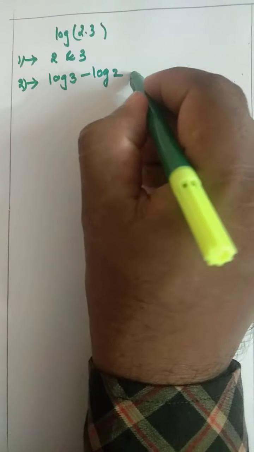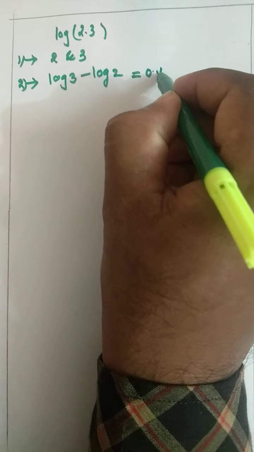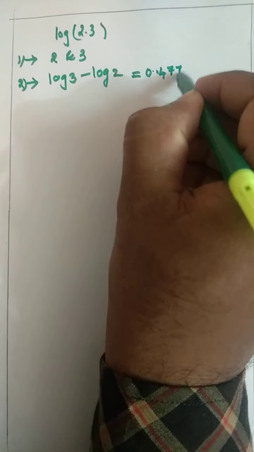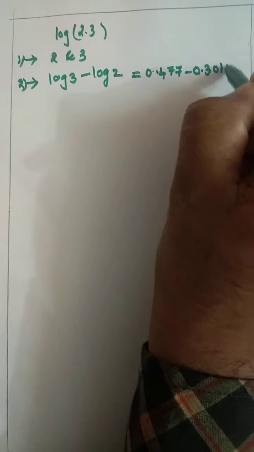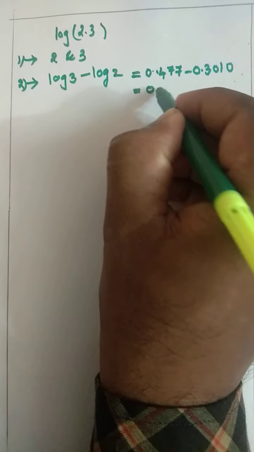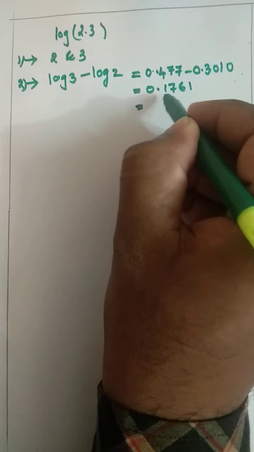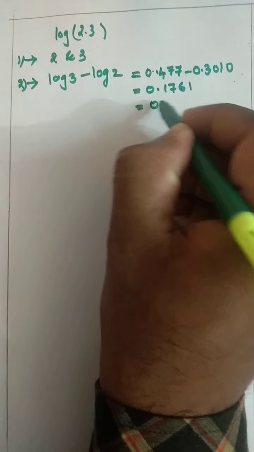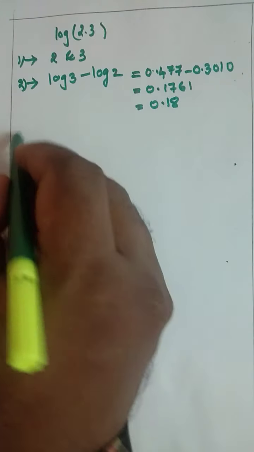You know very well log 3, I told you in the beginning, equals 0.4771 minus 0.3010. So this will come to 0.1761. As it is 176, you can take it equal to 0.18. So this is the second step answer.